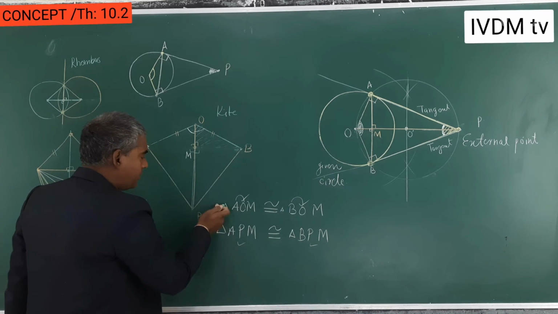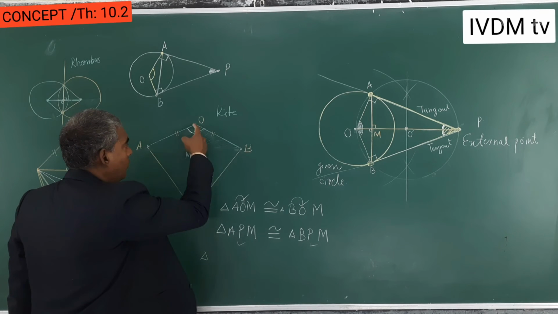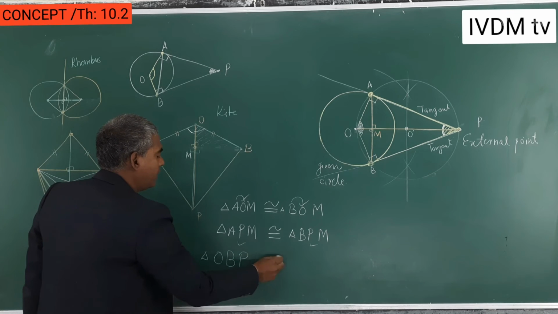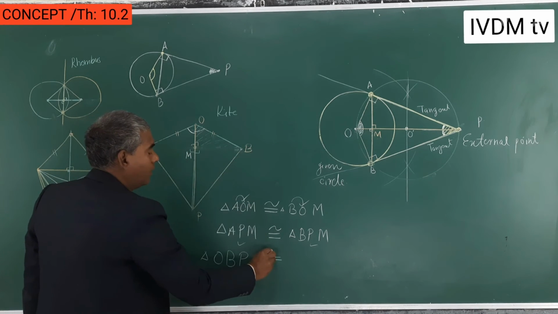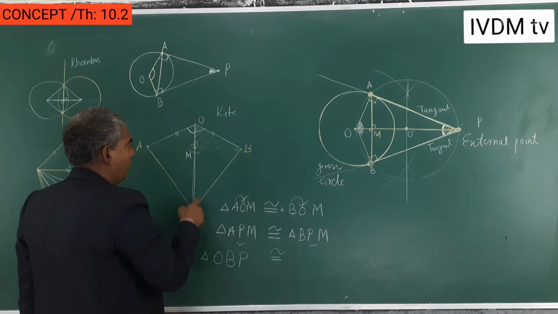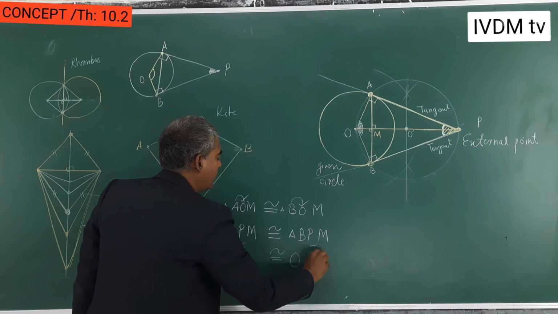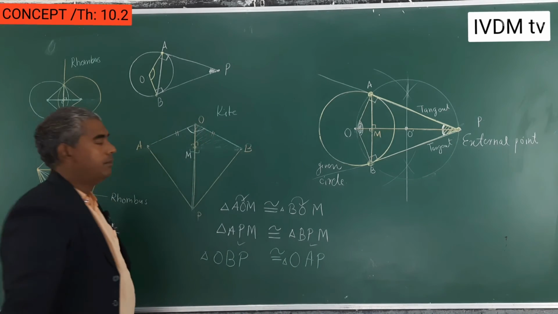If you add these triangles, triangle OBP is congruent to triangle OAP.